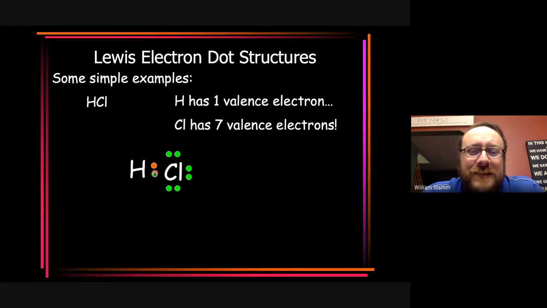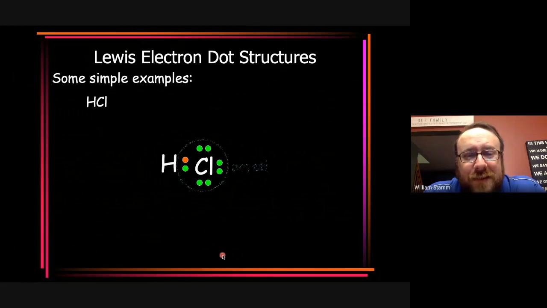So this hydrogen shares its red electron with the green one from the chlorine, and vice versa. That shared pair, as we found out yesterday, is called a covalent bond, a single covalent bond. We could represent it just like that. In actuality, we're going to draw it more with a line between them, but let's go over this first.